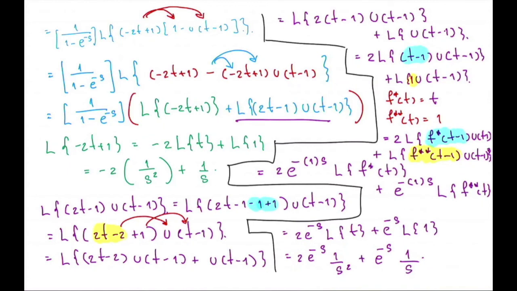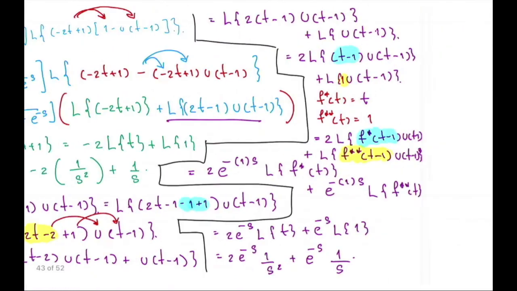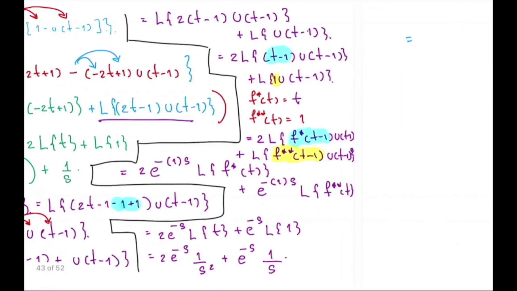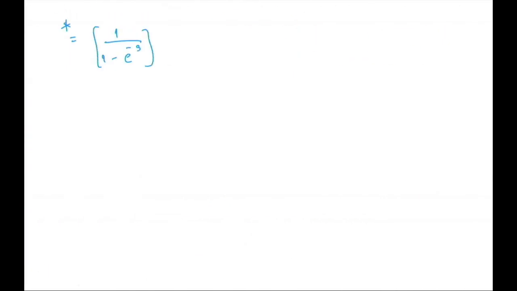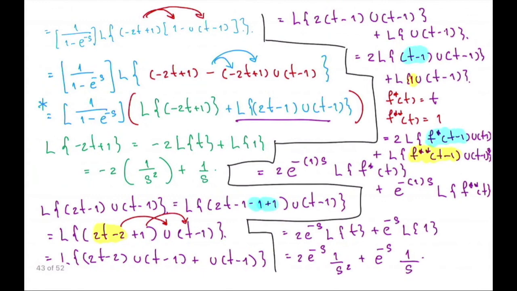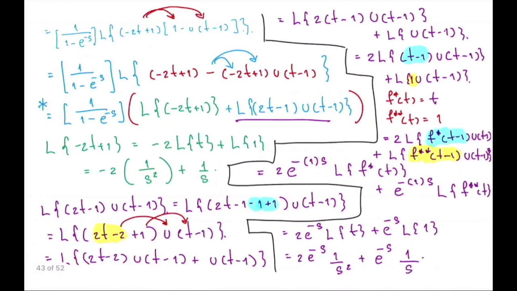Okay. So the solution here would be 1 over 1 minus e to the minus s. Okay, 1 over 1 minus e to the minus s. And then we have minus 2 over s squared plus 1 over s, from this.